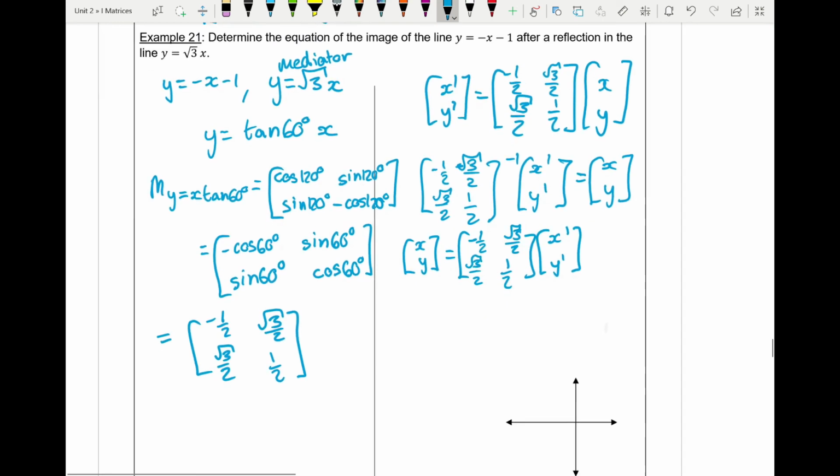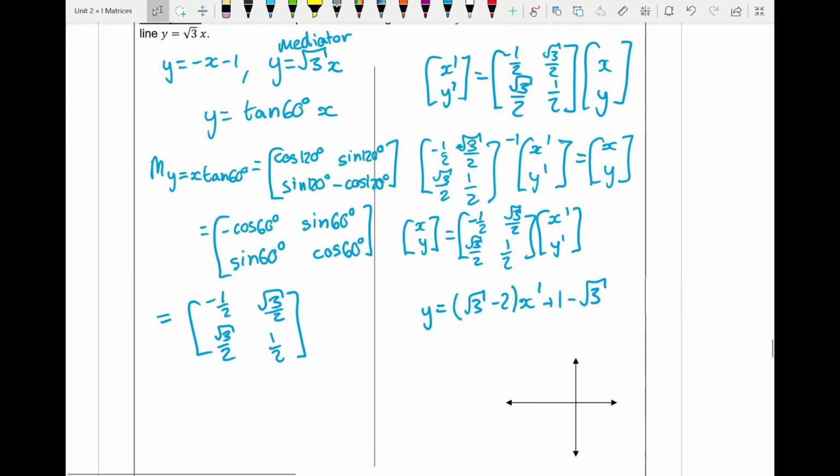And so what we get from that, there's a bunch of arithmetic that's in the textbook if you'd like to have a look at that, but eventually what we end up getting is y equals root 3 take 2 x prime plus 1 take root 3. So we can see this has a y-intercept of 1 take root 3 and a gradient of root 3 take 2.